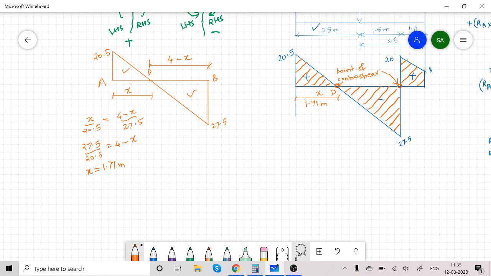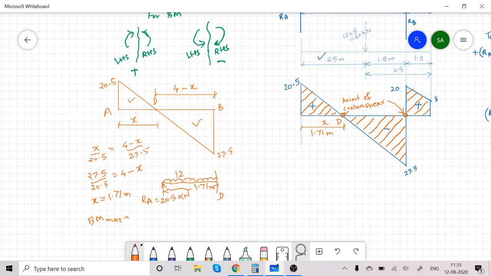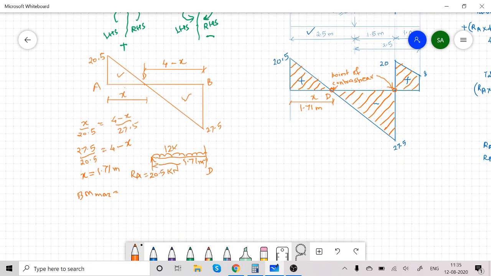Now I will calculate the maximum bending moment. So BM max is equal to, I will consider the left hand side of this D point. This is our D point. This is RA, which is 20.5 kilonewton, and the UDL on the left side of D for a length of 1.71 meter is 12 kilonewton per meter.